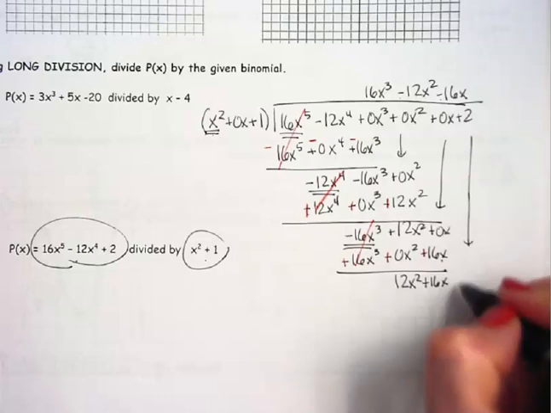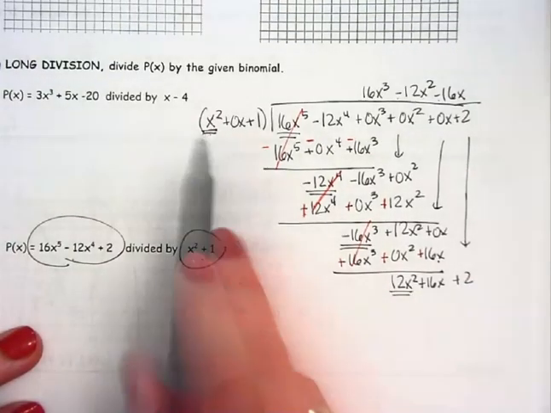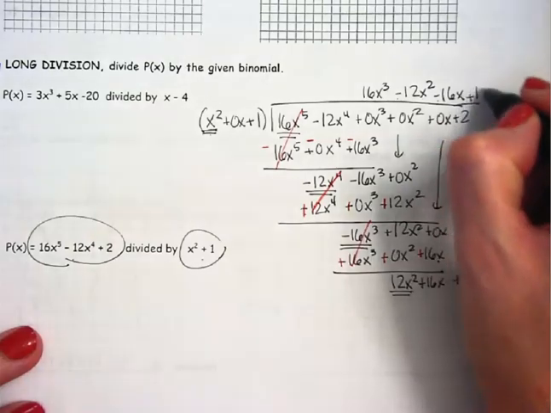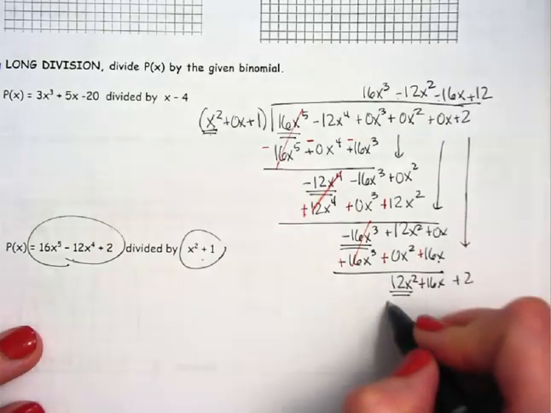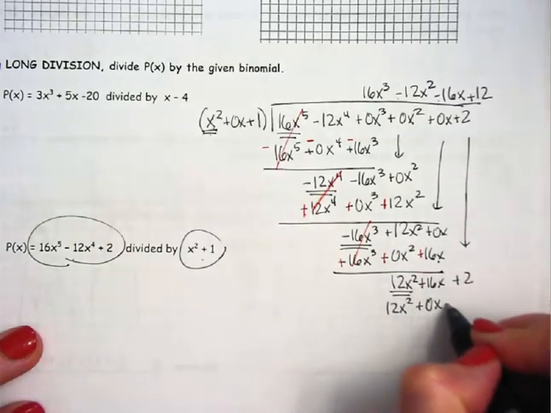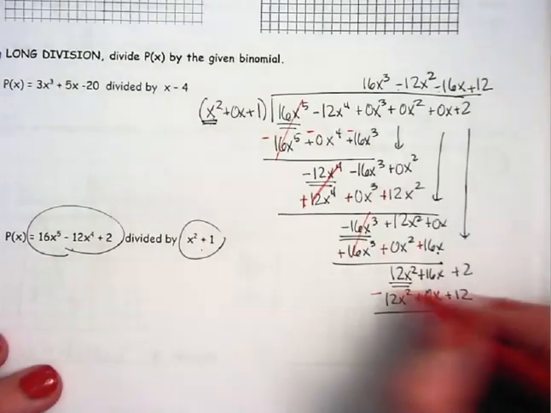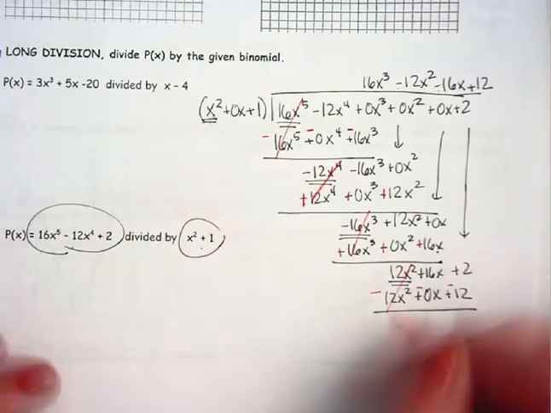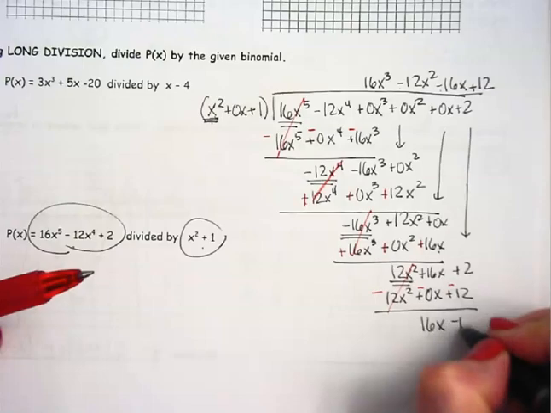Bring down the last term, do everything one more time. This first term divided by this one is a 12. Positive 12 times all of this. Subtract them all. This cancels, leaving me 16x minus 10.